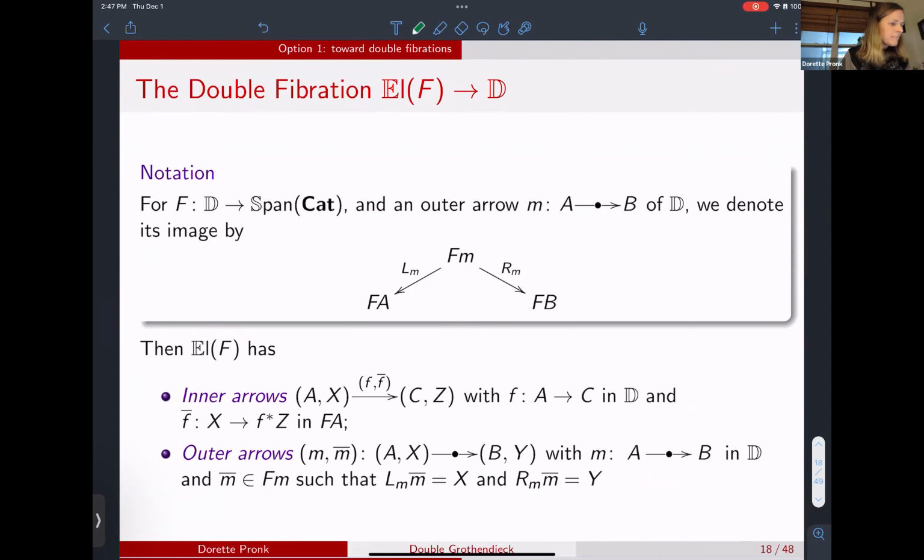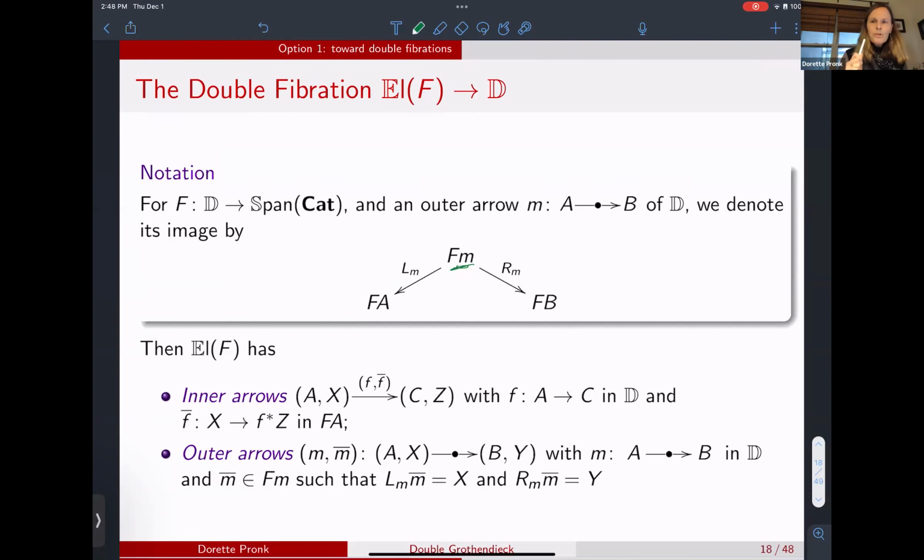Just to remind you, when I'm taking a pro arrow or a vertical arrow in D, the image is going to be an outer arrow in Span Cat, so a span. And I will call the span FM, the object FM, and then LM and RM for the two parts of the span, so left and right.